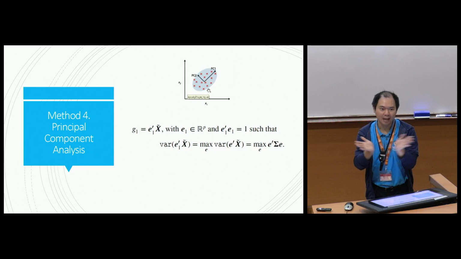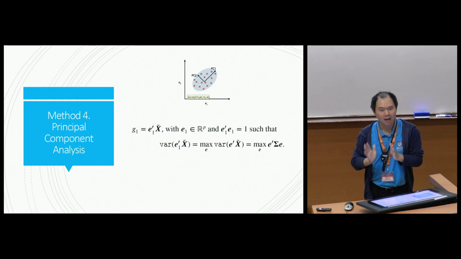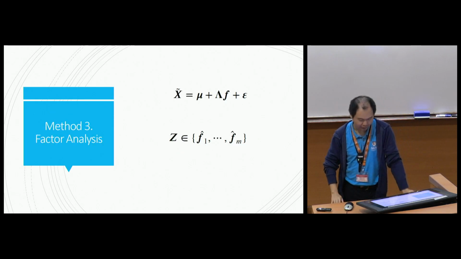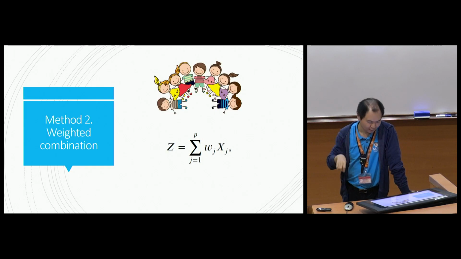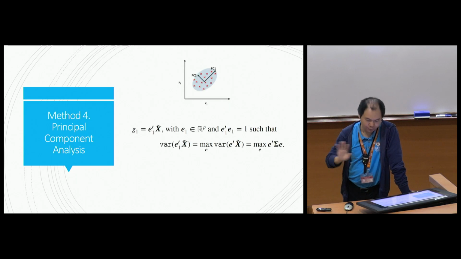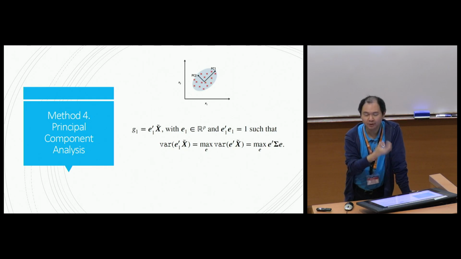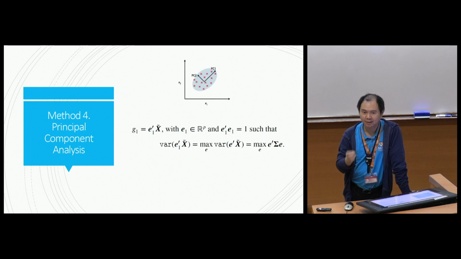PCs are different from factors, but they can also be regarded as a linear combination of all the X variables. And it's also very easy to construct. In R, you can use existing software to compute all the PCs. And we would recommend you use the first PC as the thresholding variable, because the first PC contains the most information. It captures the most variance.